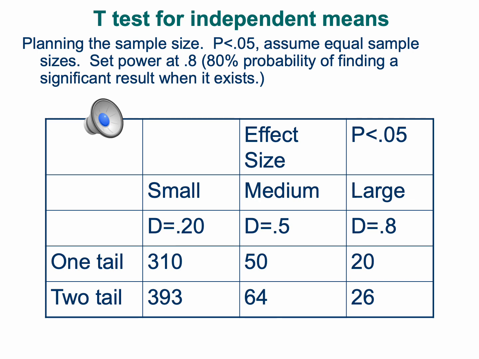It wasn't uncommon for drug companies to collect sample sizes of thousands and thousands of subjects, anticipating that they'll find something. And once they find some significant result, they can start selling the drug, even though it might have a very small effect on the disease. At any rate, this table shows you what kind of sample sizes you need to find different kinds of effects given a power level of 0.8.